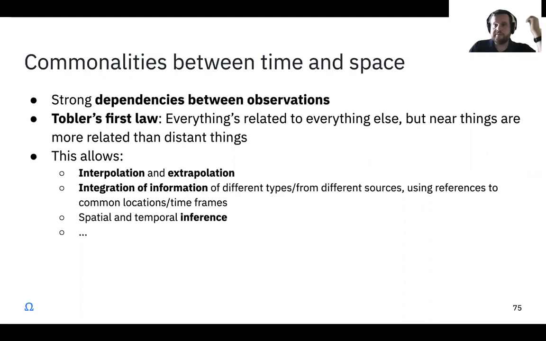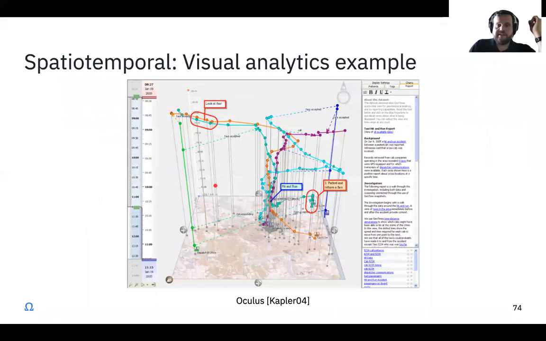It's a simple observation, but it works quite nicely. This will allow you to interpolate and extrapolate. It will allow you to integrate information from different sources or of different types, because you'll be using references to common locations and or timeframes, and that is actually nicely visible here.